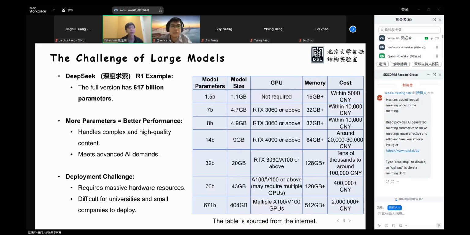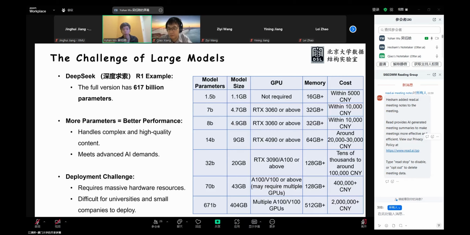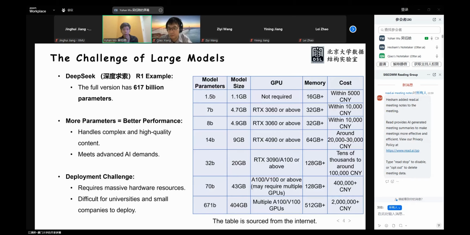We can take DeepSeek R1 as an example. The full version contains 600 billion parameters, an astonishing number. Large parameter counts enable the model to process and generate more complex, high-quality content, making it more capable of meeting our needs.